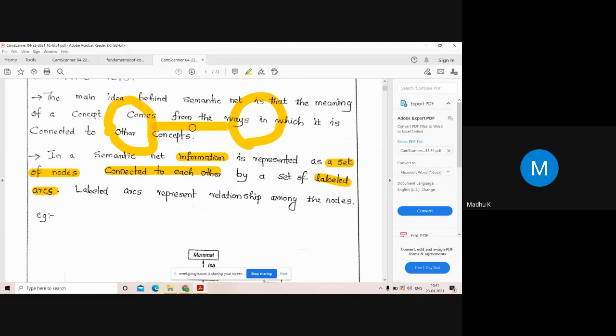The connection is a labeled connection, or labeled arc, that represents the relationship among the nodes. So there are nodes and labeled arcs. That is the basic concept.